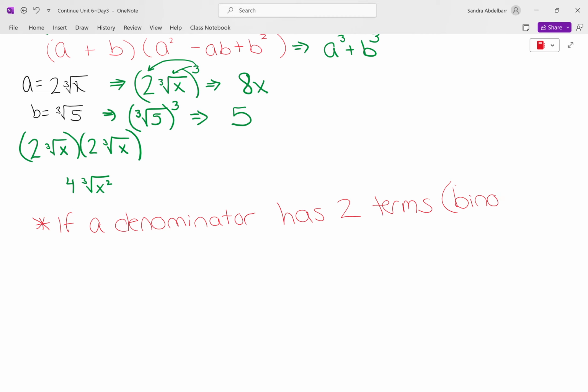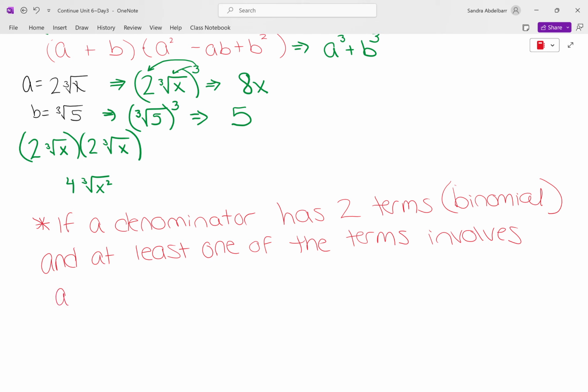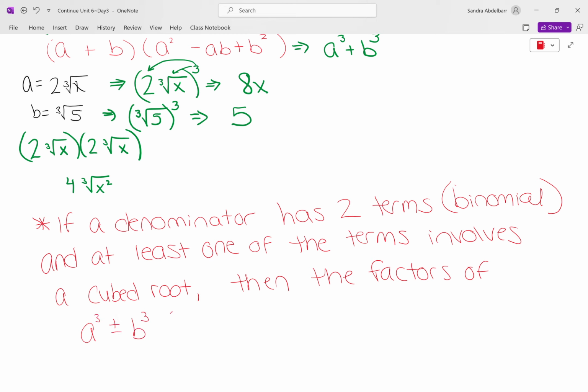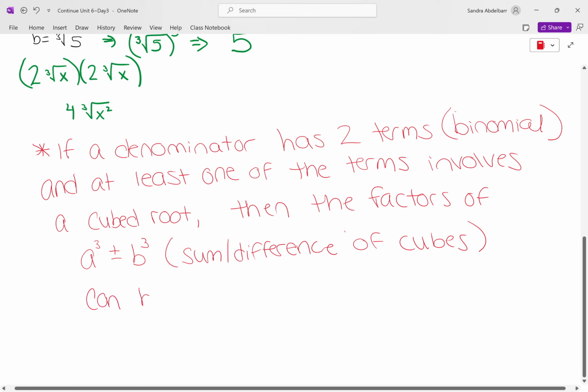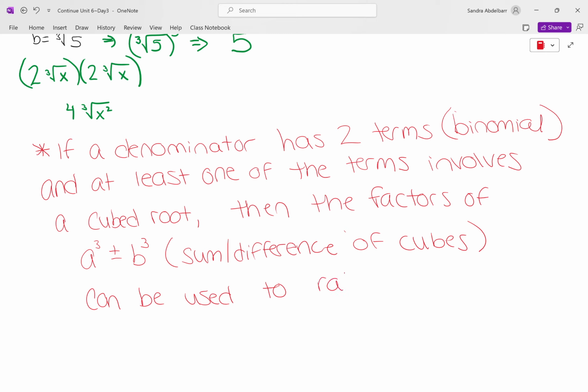So if a denominator has 2 terms, a binomial, and at least one of the terms involves a cubed root, then the factors of a cubed plus or minus b cubed, which we call the sum or difference of cubes, can be used to rationalize the denominator.